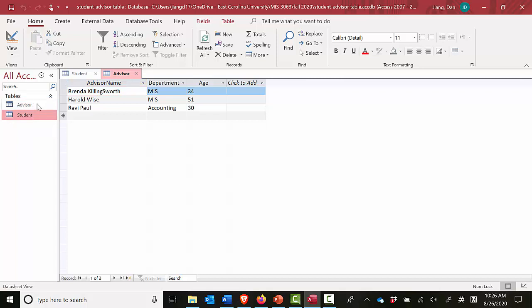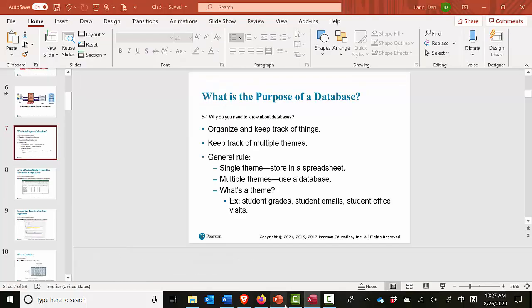Each table is about one theme. The student table is about students, so the theme of this table is student. And the advisor table is about advisors, so the theme of this table is advisor. That's what is meant by themes, because usually a database has many different tables, and one table is usually about one thing, and we call it a theme. Okay.